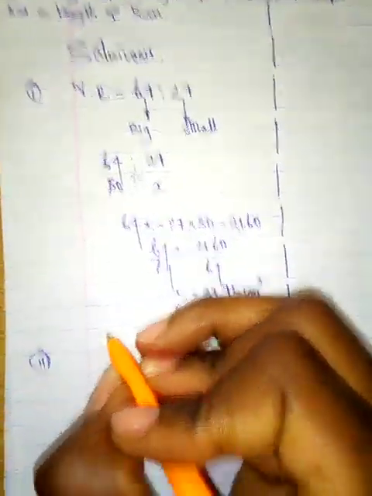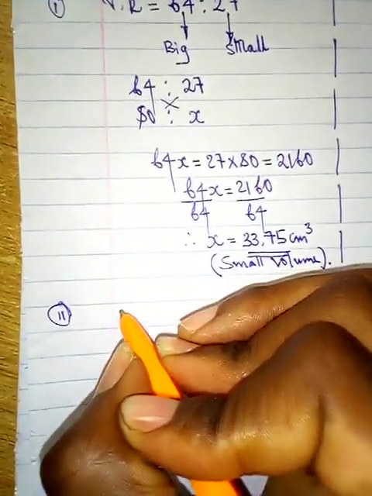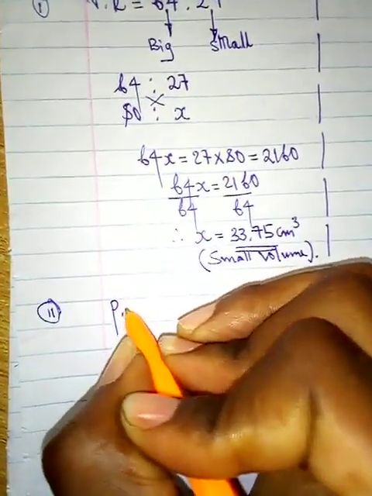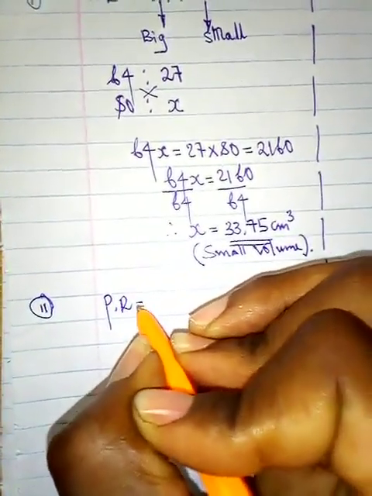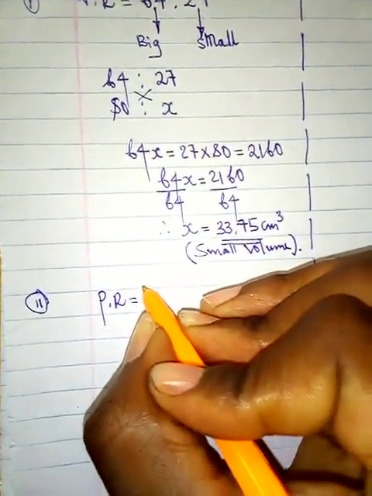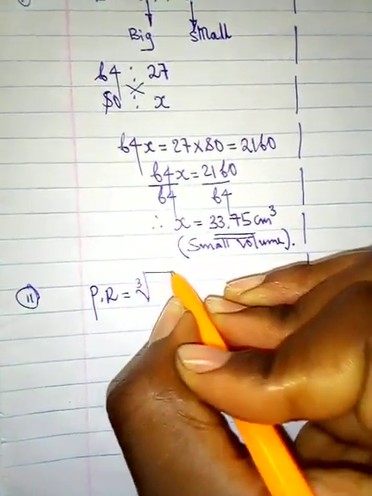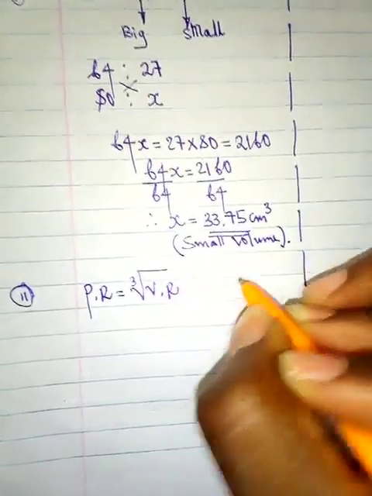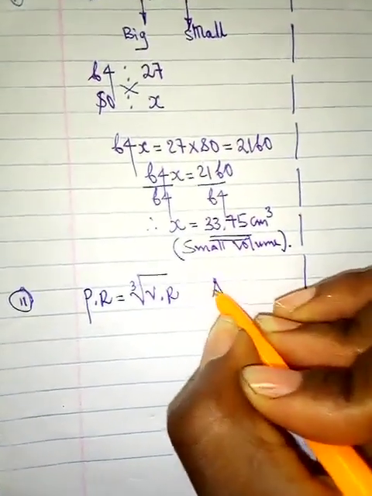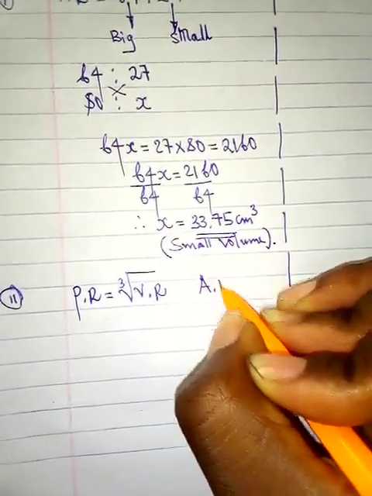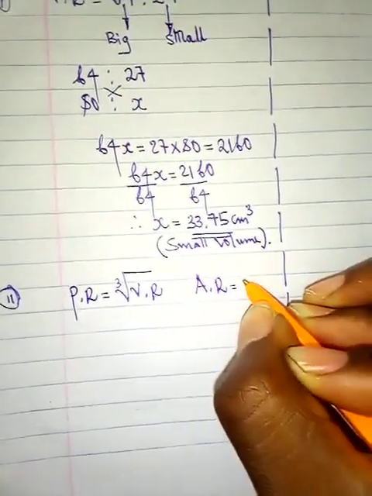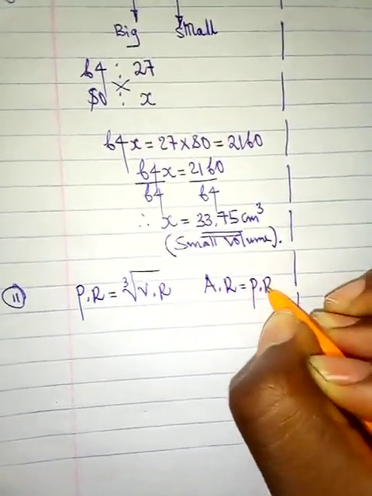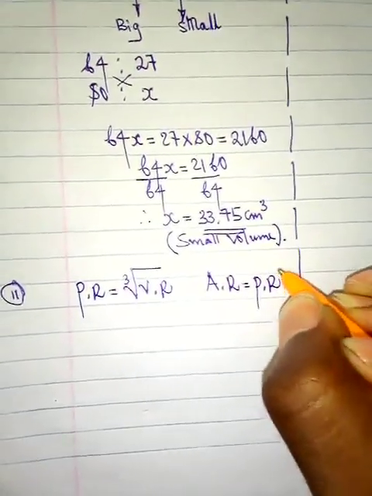Now, if you recall, your perimeter ratio is just going to be equal to the cube root of the volume ratio. And I had also given you to say that your area ratio is just your perimeter ratio squared.